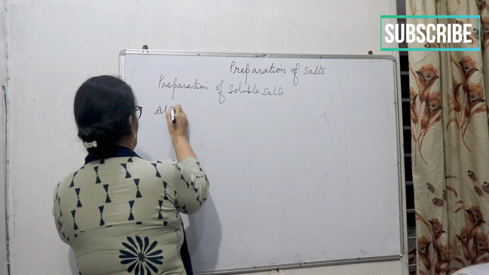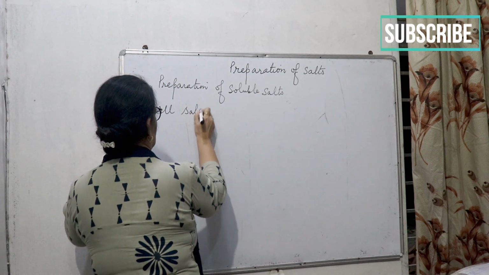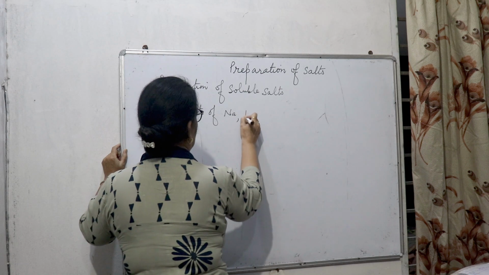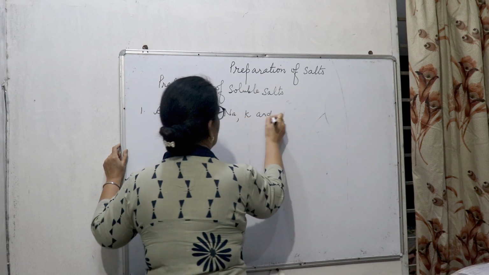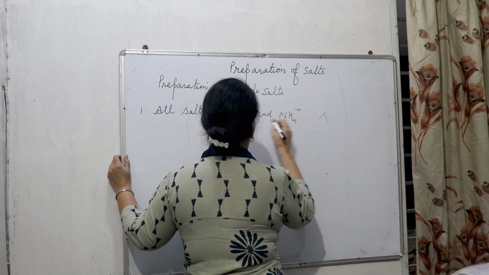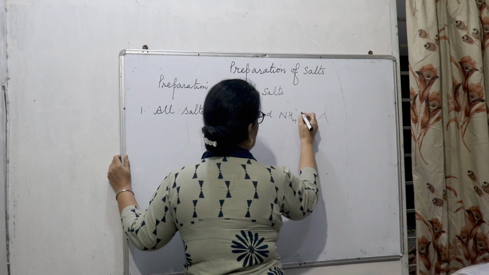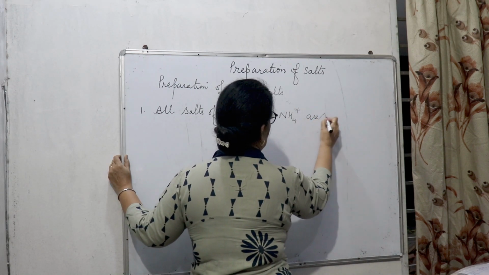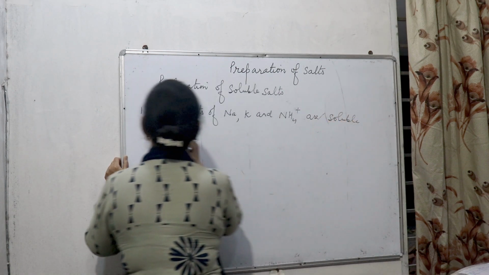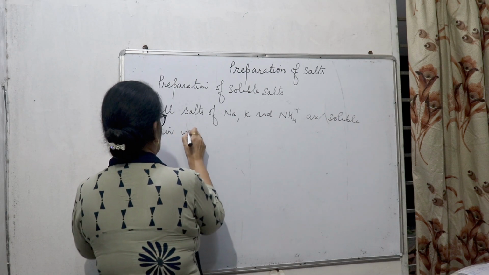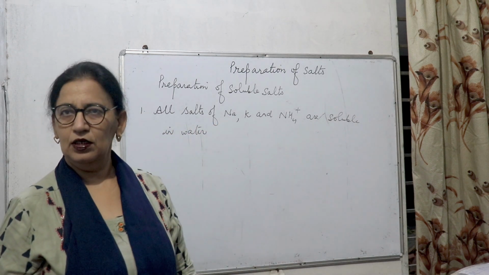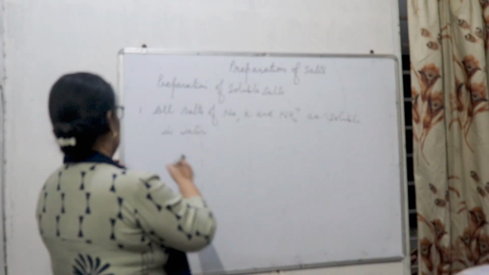All salts of sodium, potassium and ammonium are soluble in water. So first of all, salts of sodium, potassium and ammonium are soluble.